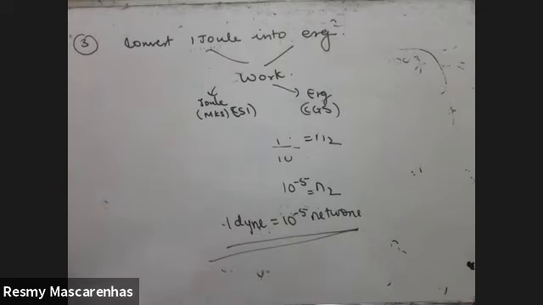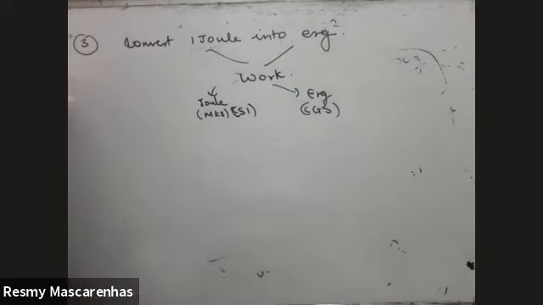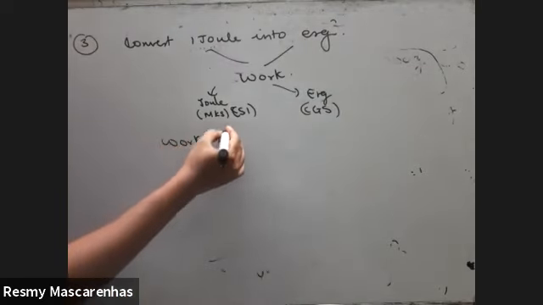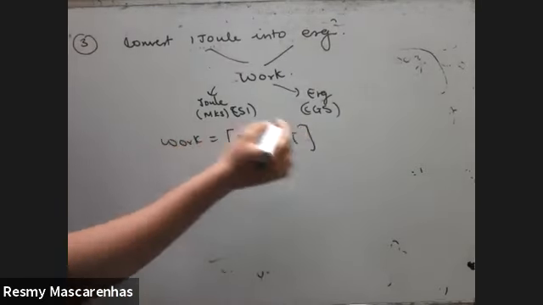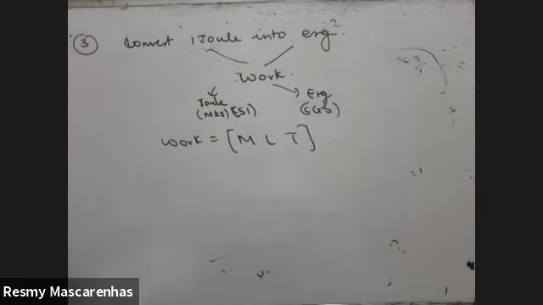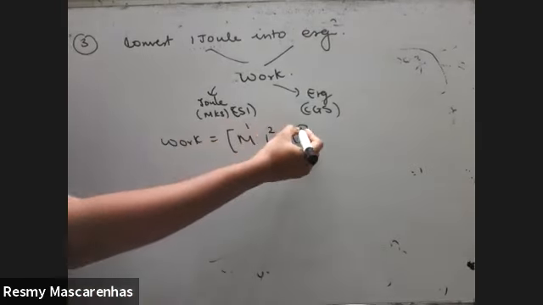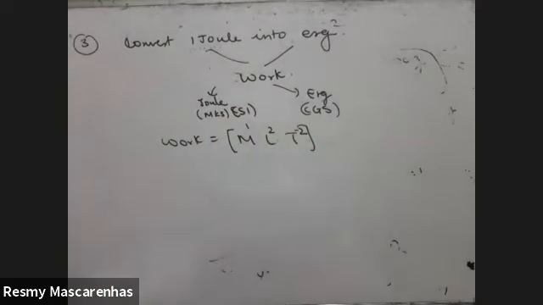And then you have to know the dimensional formula for work. This is a fixed one, which is already given in the table. Okay.